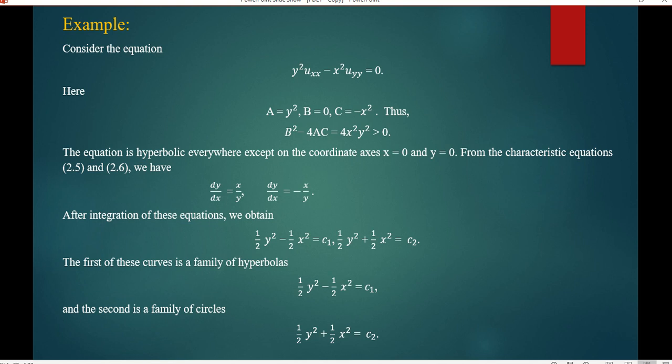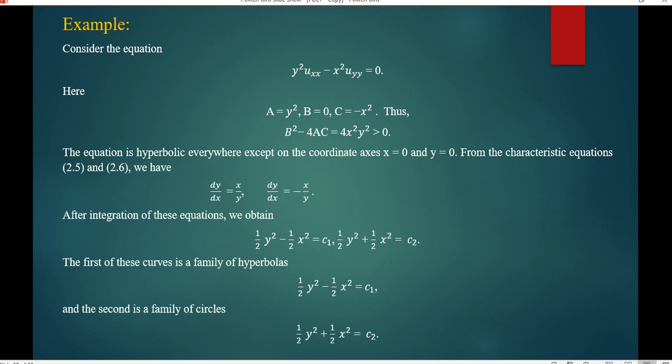Thus b square minus 4ac is equal to 4x square into y square, which is always greater than 0, but when x and y values are equal to 0, this is equal to 0. So this is greater than 0 except when x and y are 0.